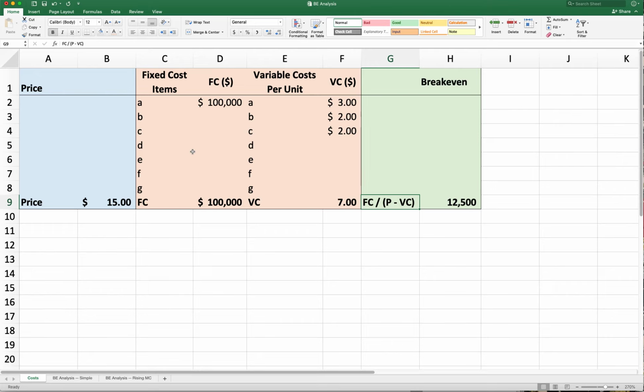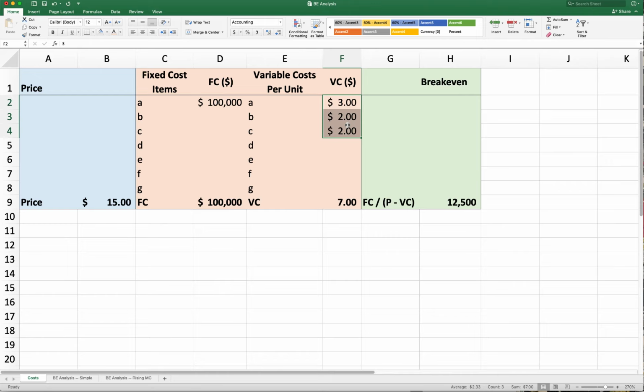I made a little spreadsheet that makes this easier to understand. You can fiddle around with it, but here's a price I put in. Let's say you have a list of fixed costs, that'll add up there. And let's say you have several variable costs for something that you make.